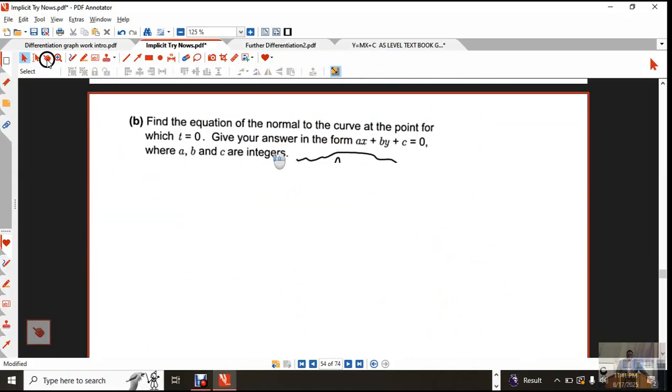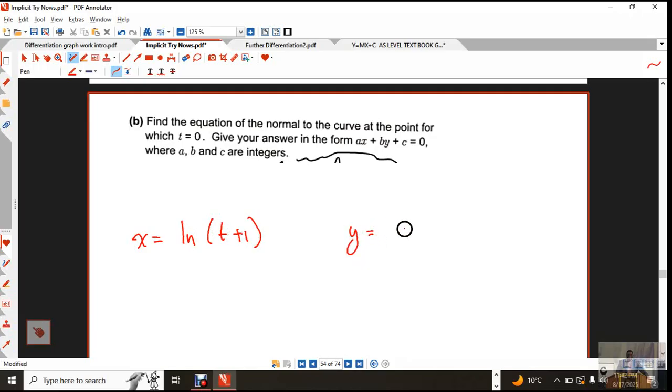So what is it that we know? We know for a fact that x is equal to the natural log of t plus 1. We also know that y is equal to e to the 2t plus 2t.